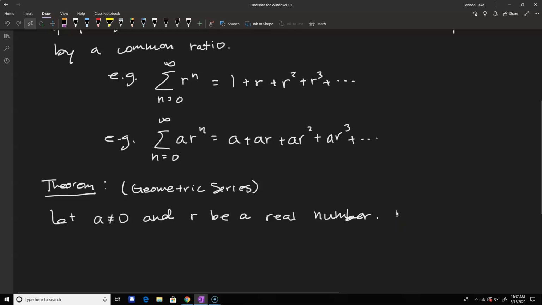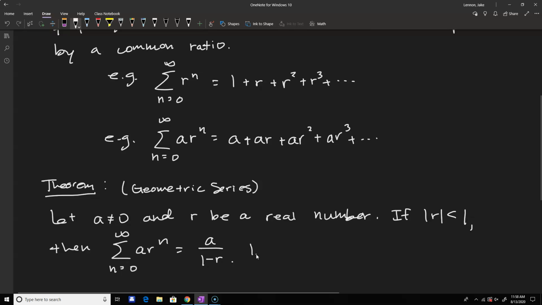If the absolute value of r is less than 1, these things are always going to converge, and we know exactly what they converge to. The sum from n equals 0 to infinity of a times r to the n converges to exactly a divided by 1 minus r.